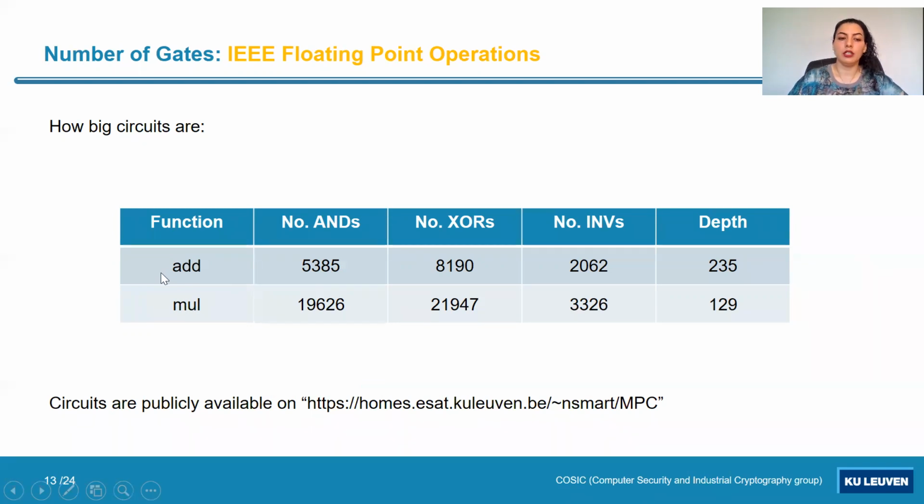For example, to add 2 floating points in this Mod 2 world, we need about 5,000 AND gates, 8,000 XOR gates, and 2,000 inverse gates, and the depth is 235. So we are using a huge number of logic gates just to compute a function of addition and multiplication.